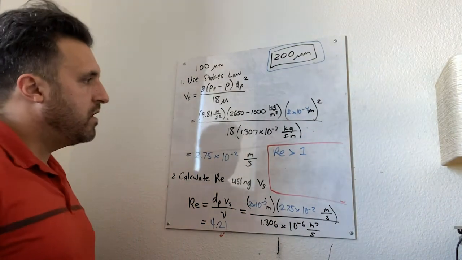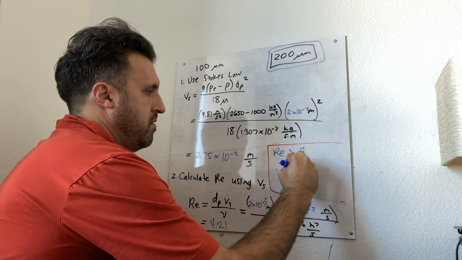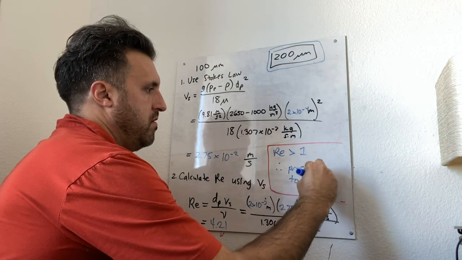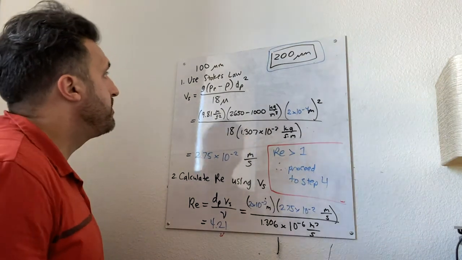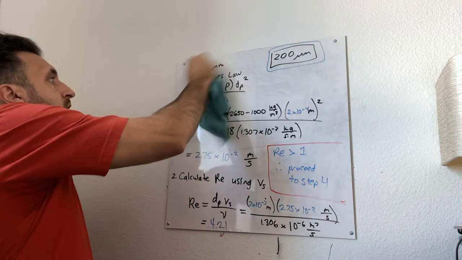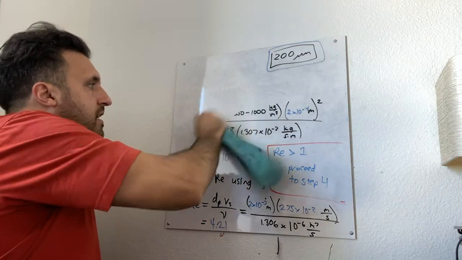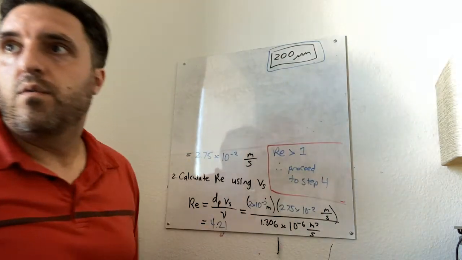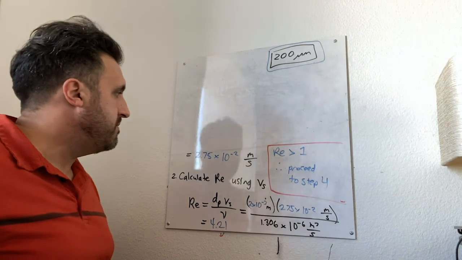So step 4, alright, so we need to proceed to step 4. So in step 4, now we're going to take that Reynolds number and we're going to use it to estimate the drag coefficient.